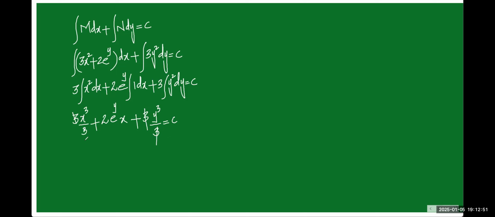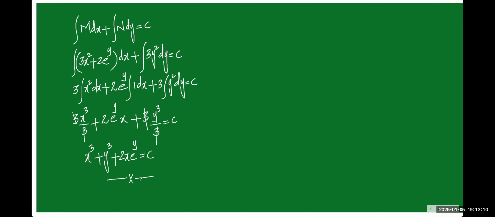This 3 must be cancelled. Finally, my answer, which I want to write in a different way, is x³ + y³ + 2x e^y = constant, which is our final answer.